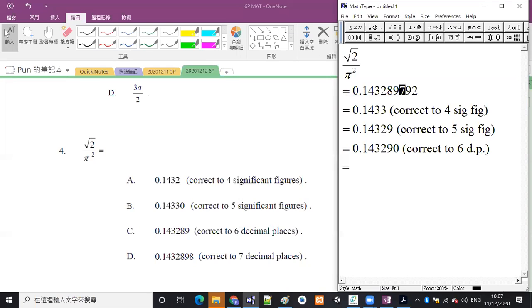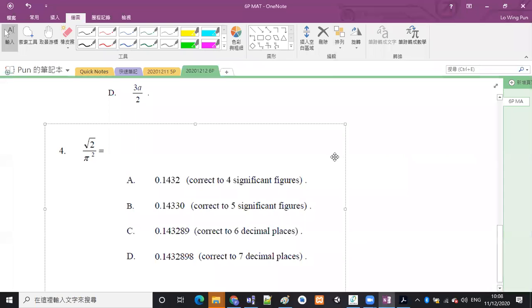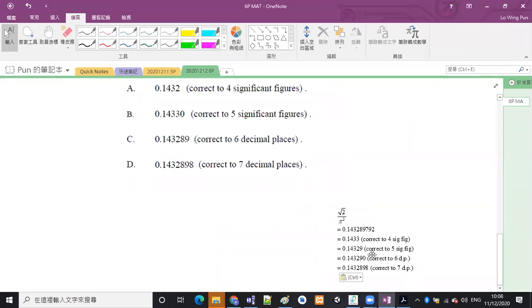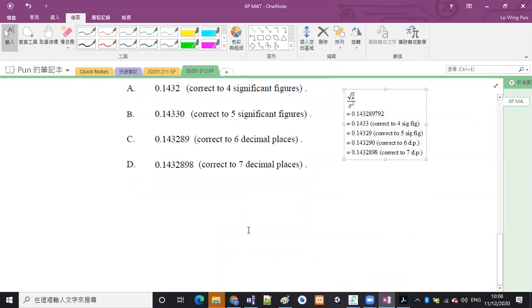So we should add 1 to this. So what we have got will be 0.1432897, and then the 7 should be added by 1, and become 8. And this is correct to 7 decimal places. So option D should be correct. Get it?